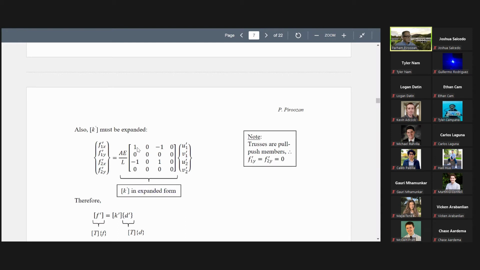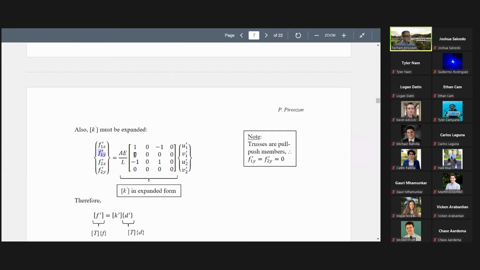So it should be like this: 1, minus 1, negative 1 here, and 1. Because now, if you see, f1x prime would be AE over L times u1 prime minus u2 prime. That's correct.